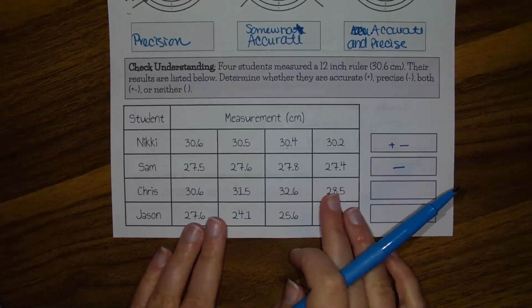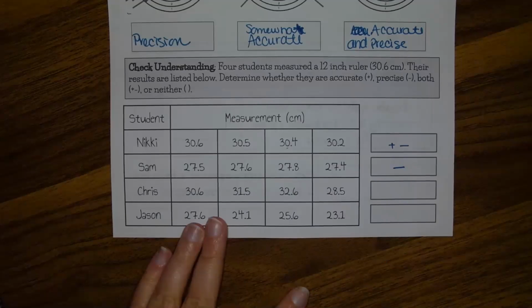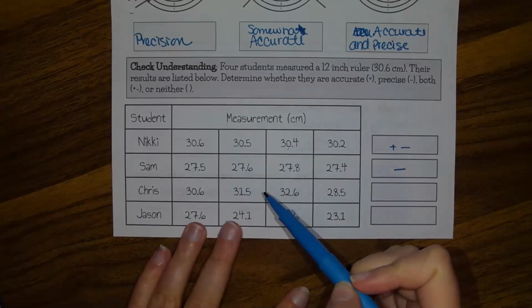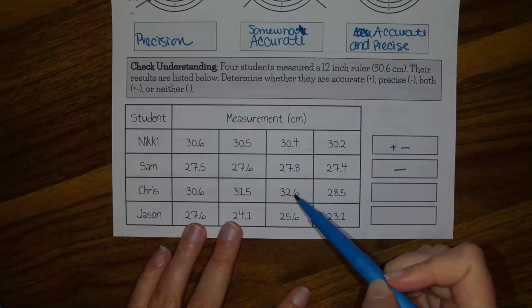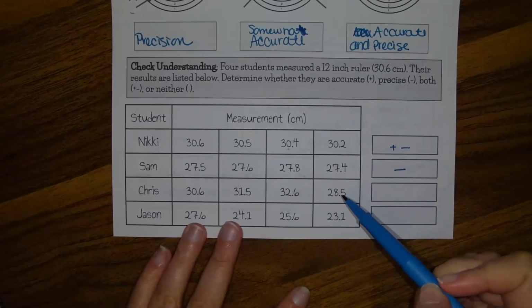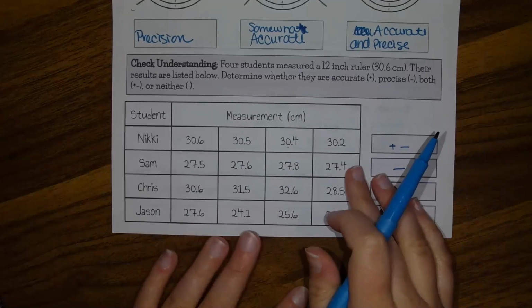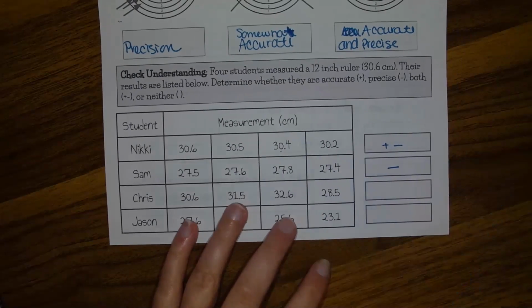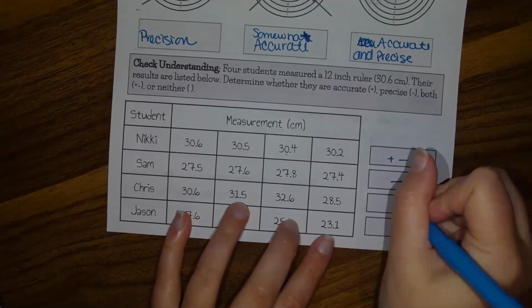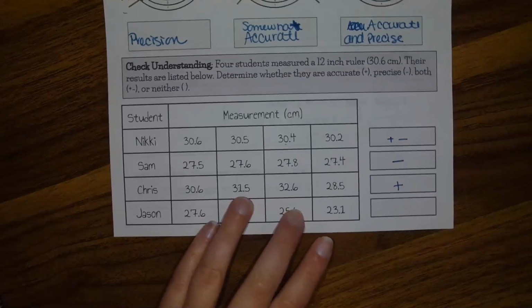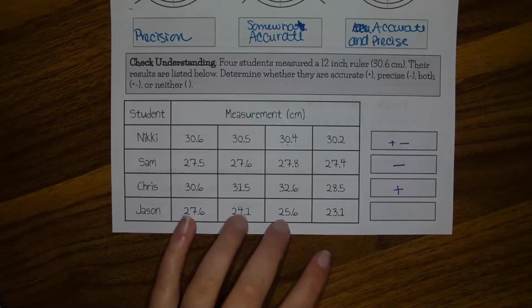Now, Chris is kind of like me. He's a little bit all over the place. He gets one that's 30.6, one that's 31.5, one that's 32.6, and one that's 25.8. So while they're a little bit further from accuracy than Nikki, he is accurate. He's just not very precise.